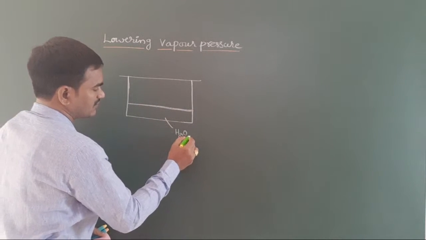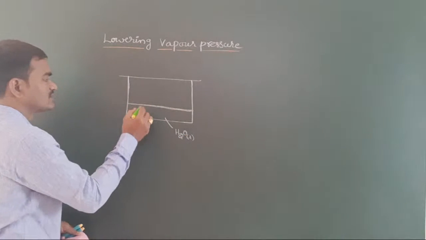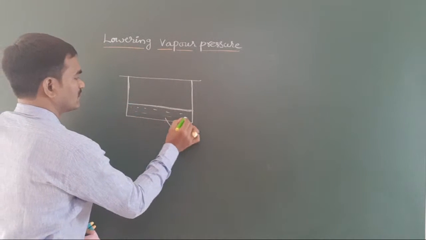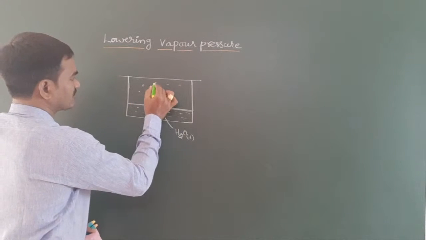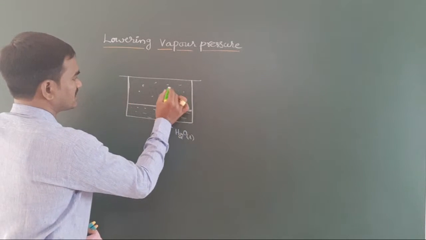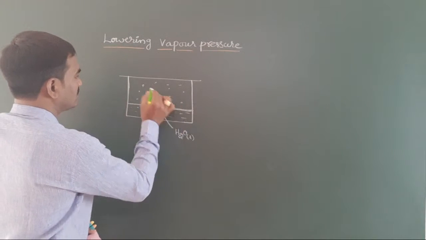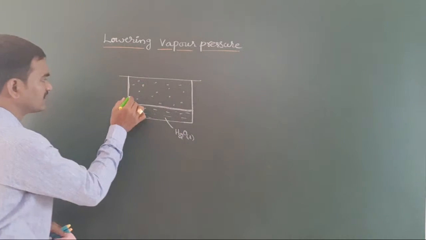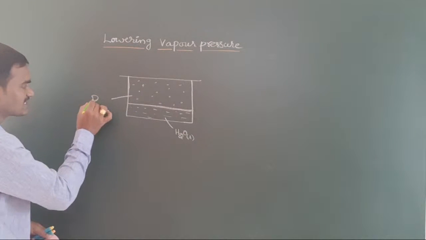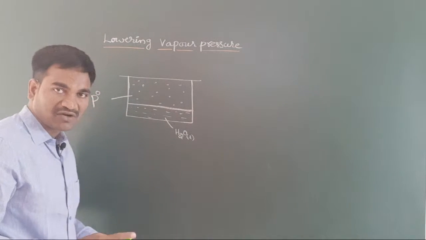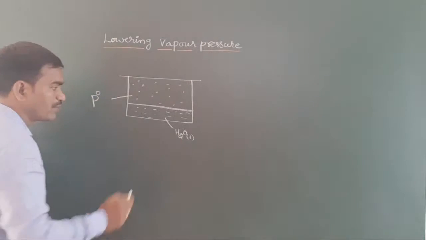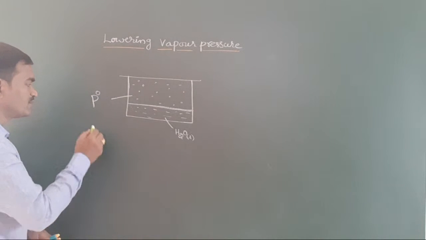Like this, it is having some vapor pressure, only solvent in the pure state. That one I am taking as P naught. P naught is equal to the vapor pressure of the pure liquid or solvent in the pure state.